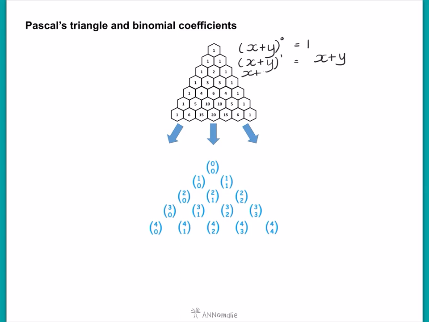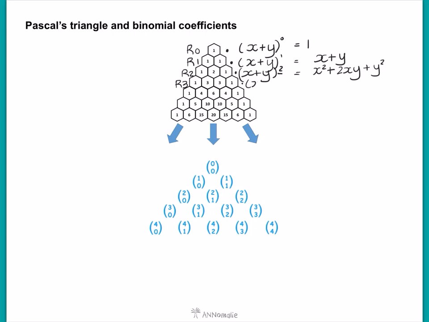Then x plus y to the power of 2. So this is row 0, row 1, row 2. So to the power of 2, on row 2, is x squared plus 2xy plus y squared. What about x plus y to the power of 3 in row 3?